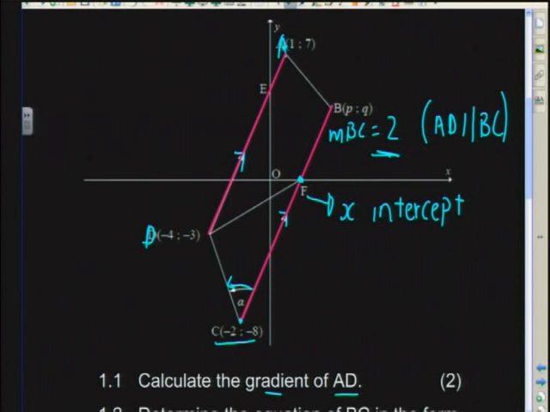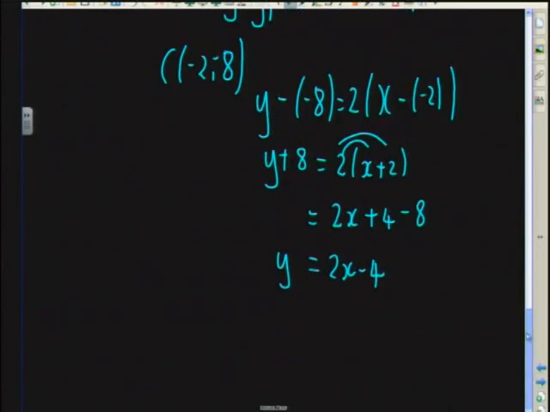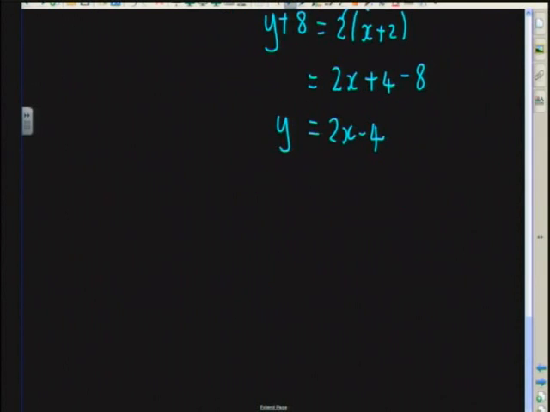So to find point F, all I need to do is to find the x-intercept of the line y is equal to 2x minus 4. So this is 1.3, and we're working out the coordinates of F, which we know is the x-intercept. So we say let y equal 0.